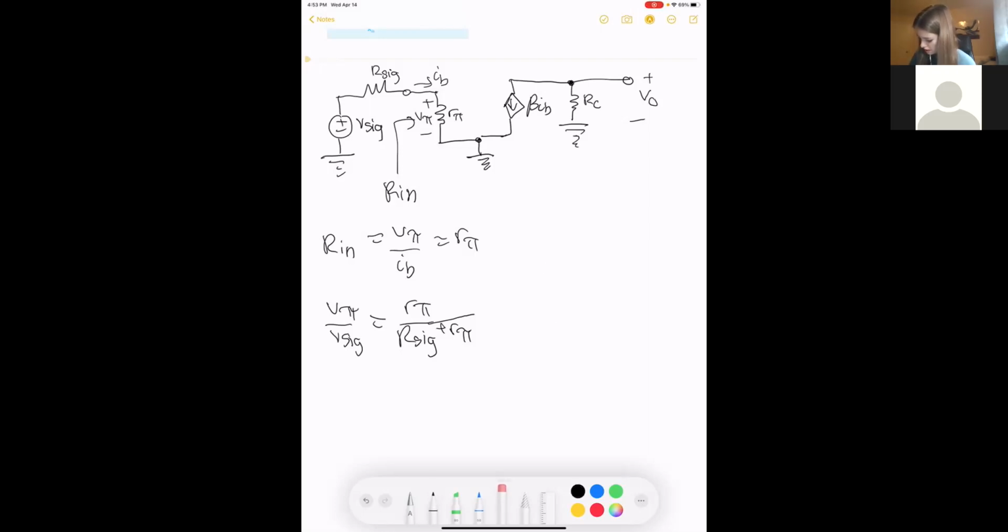Okay. So you do that loop, you get minus V sig plus R sig IB plus V pi is equal to 0. Then you can rewrite this. You know that V pi is also equal to r pi times IB.